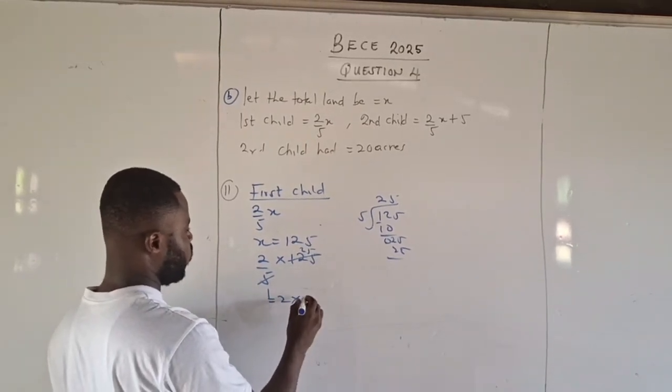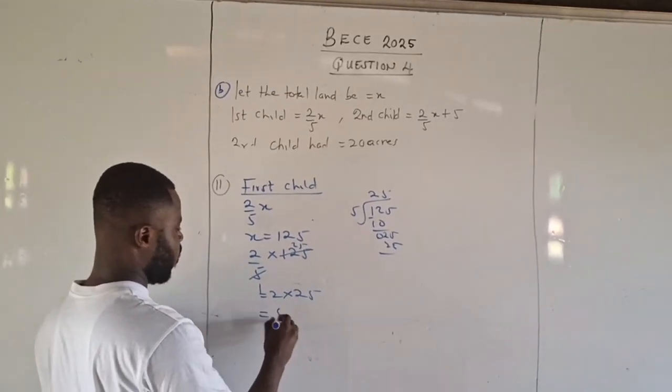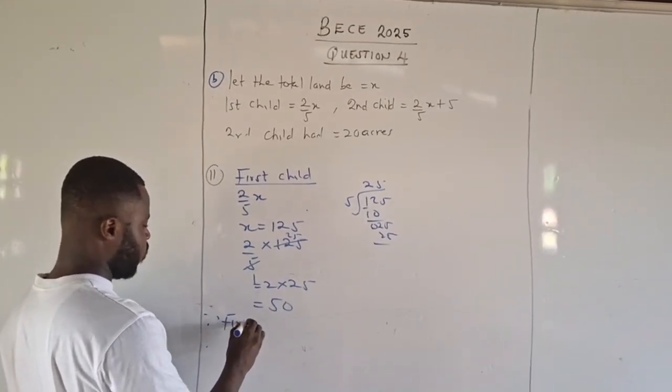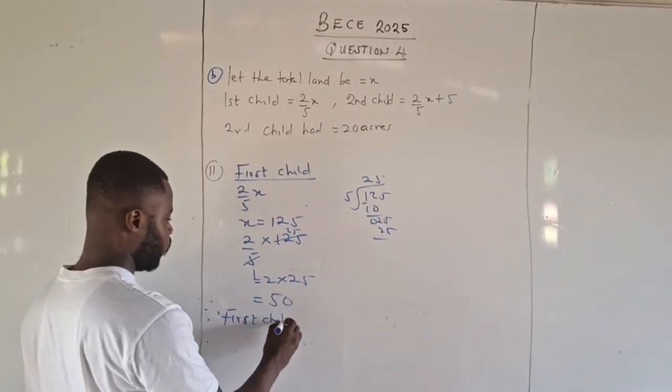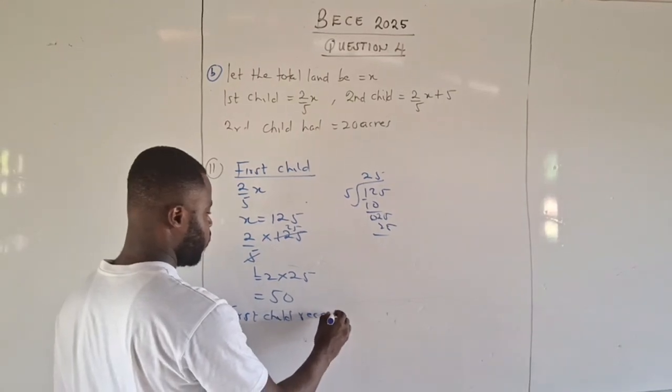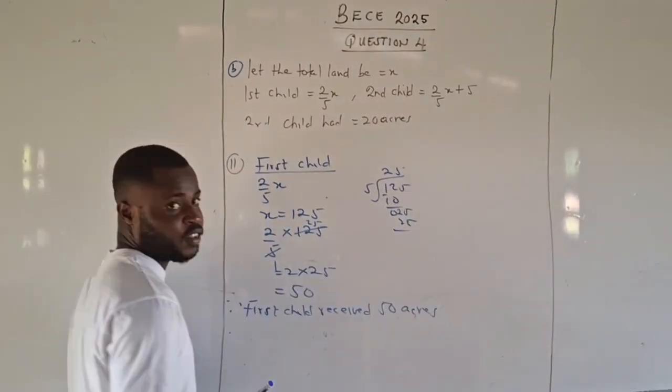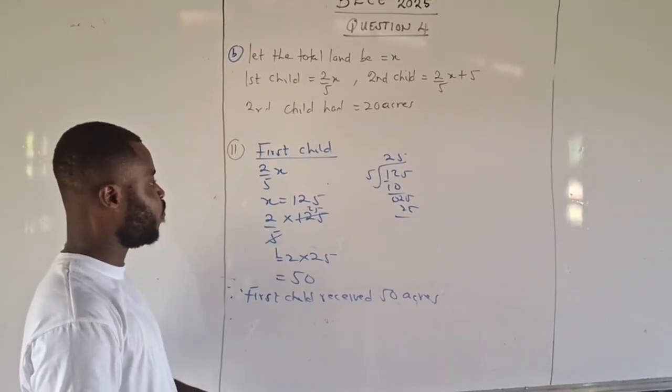So now we have 2 times 25, which will give us 50. So therefore, the first child received 50 acres.